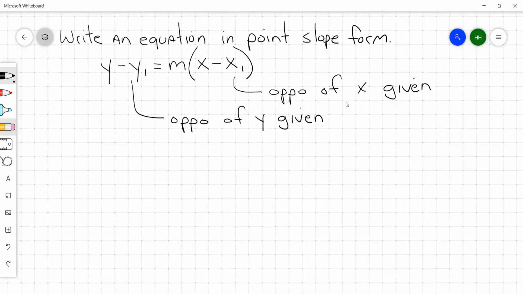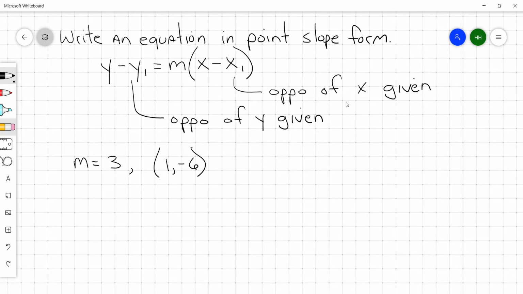So if you're given a slope, let's say that your slope is equal to 3, and you're given a point, 1, -6. Here's how you write this equation.